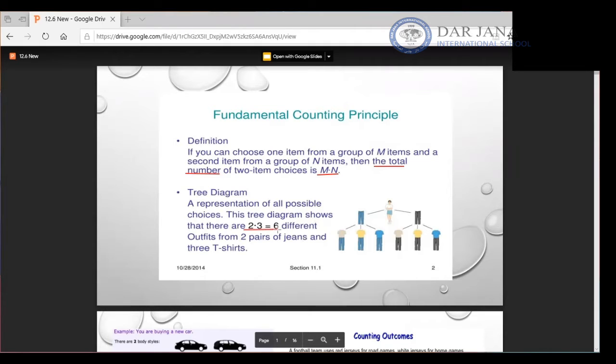This is the first rule you need to pay attention to, which is the fundamental counting principle. You have many events, and many choices for every event. To find the total number, you just multiply them. Let's erase these and go to the next one.